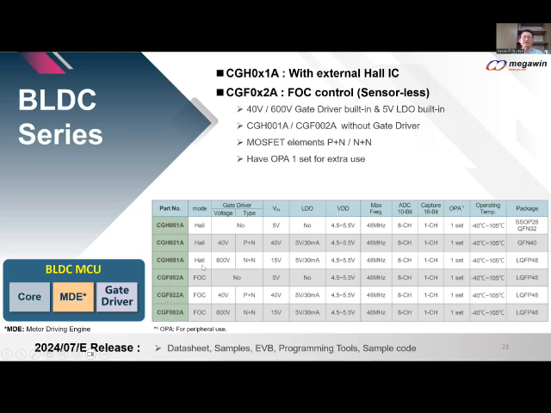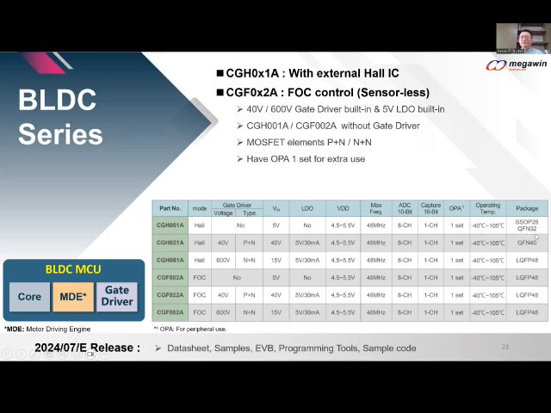Okay, and we also have different kinds of MOSFET elements to drive. This is the PN and the NN, and the input voltage will be from 5 volt, 40 volt, and 15 volt, for different kinds of application.